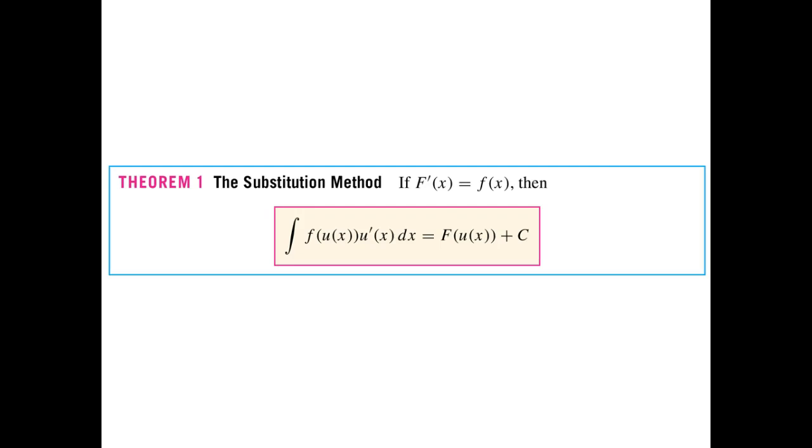Derivatives are certain rules, you take them, you do them. There's no surefire methods. You keep trying things until you get something that works. Many antiderivatives cannot be expressed in terms of the elemental functions. However, there are a few important techniques, and this is the first of these techniques. It's called the substitution method.